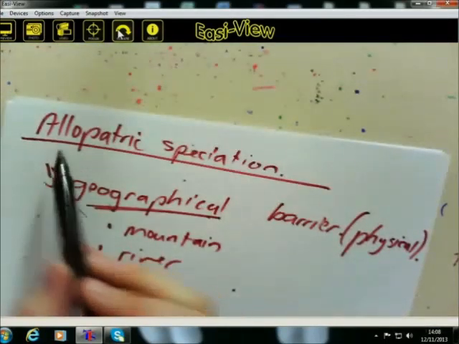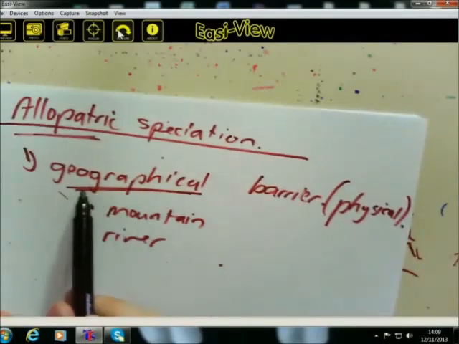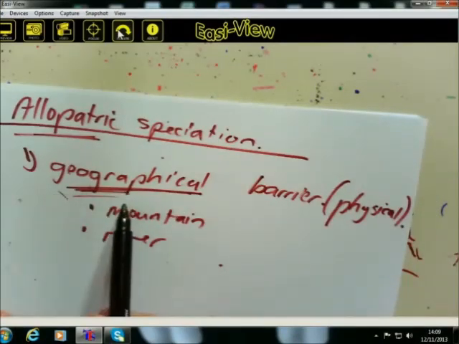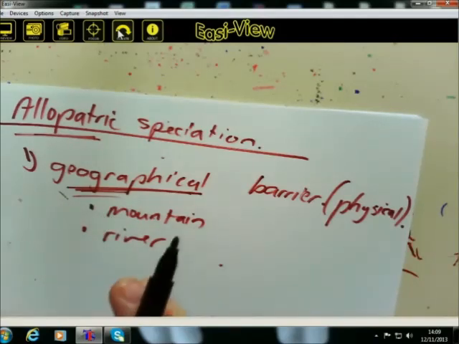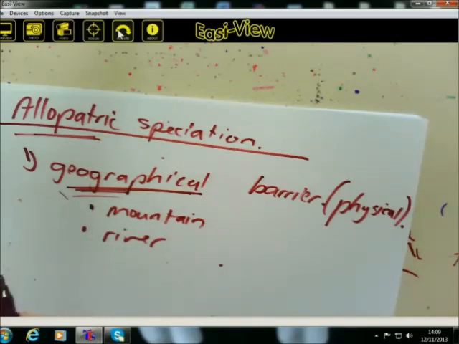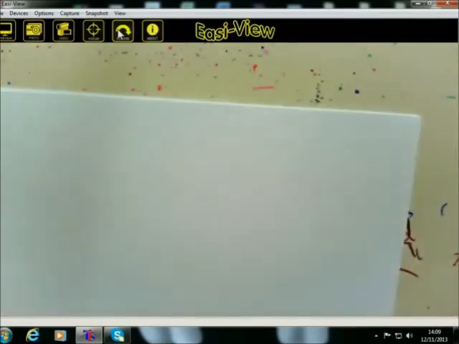Which is what allopatric speciation is about. There is some physical, geographical barrier that has caused the split of an original group, and that split has resulted in two separate species developing. Even if we allow them to mix, there will be no interbreeding going on.